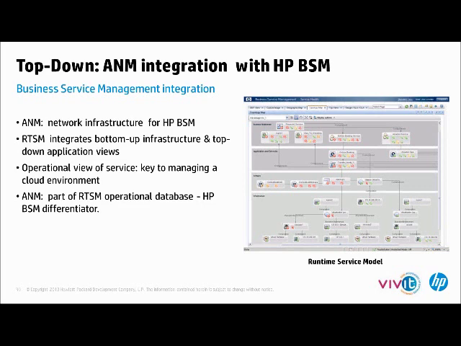So if we had the time here, you can see that on the bottom of this graphic is really all of the infrastructure components and health and availability that NNMI is reporting into this business service model here.